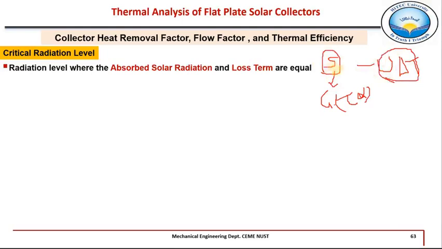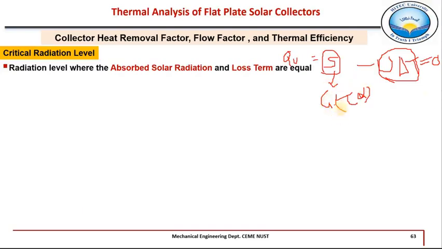So when the available and absorbed radiation and the losses are equal, it means, because this S minus U delta T represents the useful heat gain, that this will be 0 when the available radiation and the loss radiation both become equal. Then this term becomes equal to 0. There is no useful heat gain.